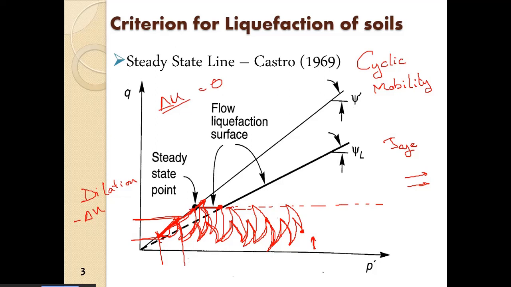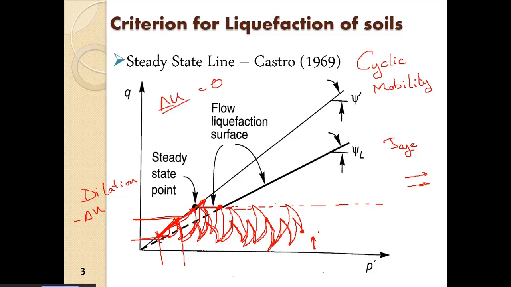If the static stresses are such that they are still acting on the soil deposit, significant deformation may occur, such as lateral spread, all right, or maybe some slope stability failure. So those kinds of things may happen, all right.